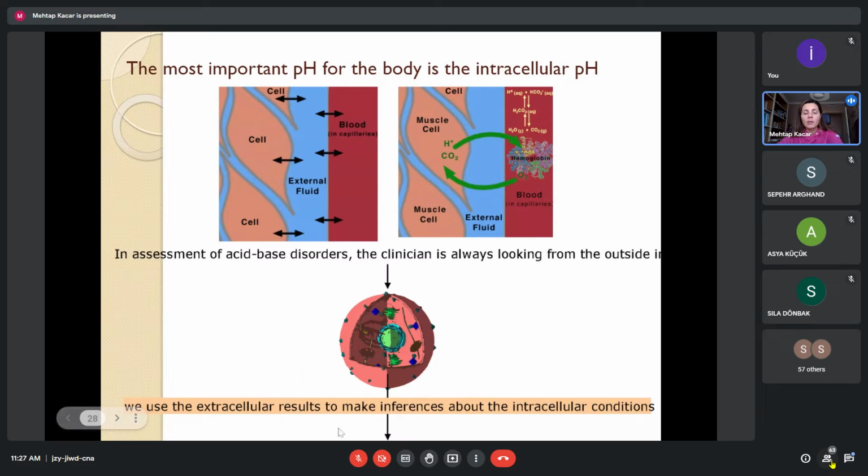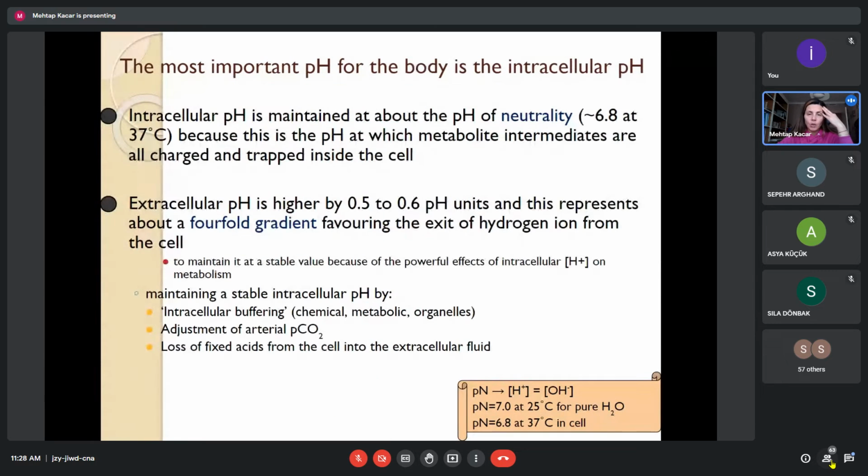We use extracellular results to make inferences about the intracellular conditions, but we cannot evaluate the intracellular acidic environment or pH because we have billions of cells and we cannot calculate the whole intracellular pH. Of course, we have only one chance, extracellular fluid pH evaluation.